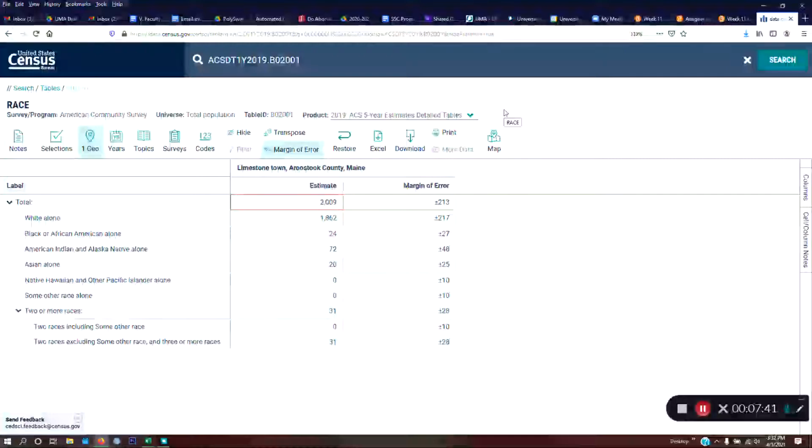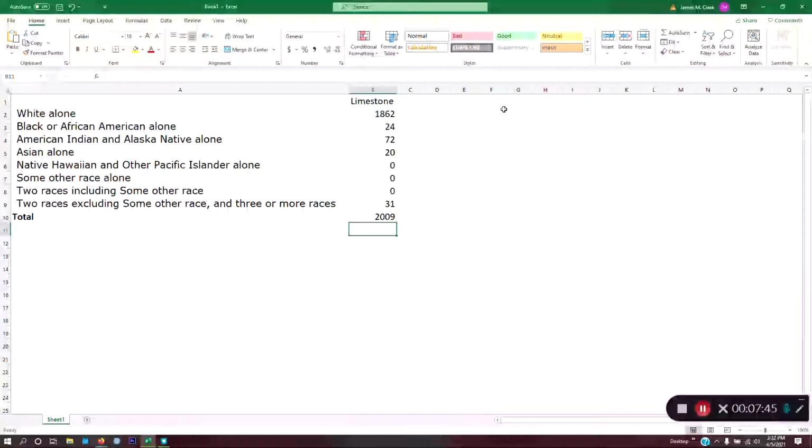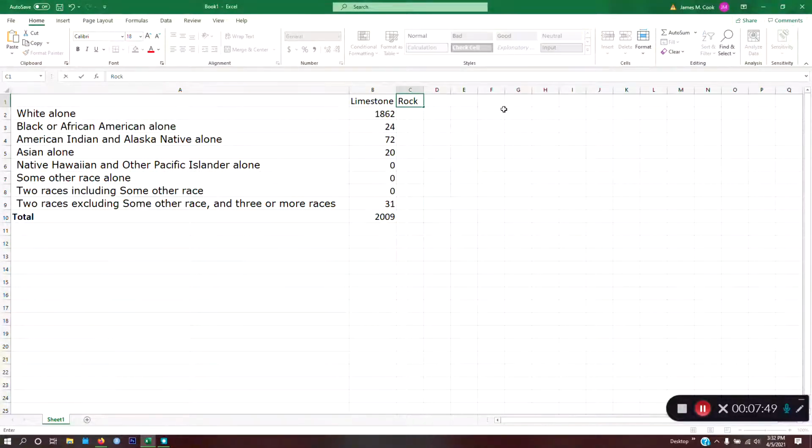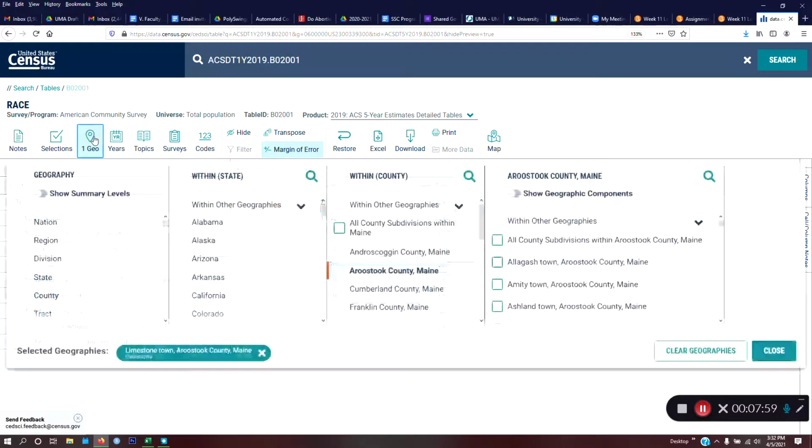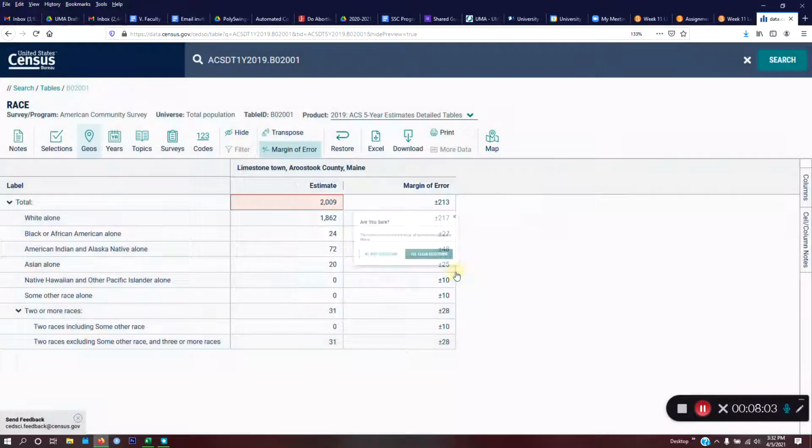So there's Limestone, right? And let's compare that to another stone name, except this time we'll call it Rockland. Okay, so let's select Geo again, and let's clear geographies because we don't want Limestone there anymore.